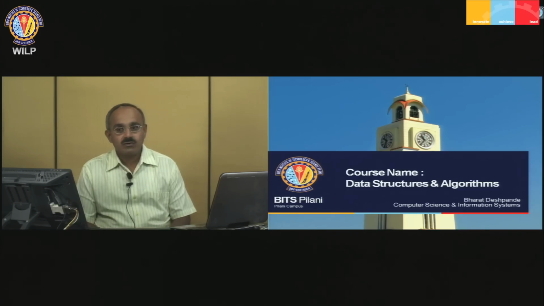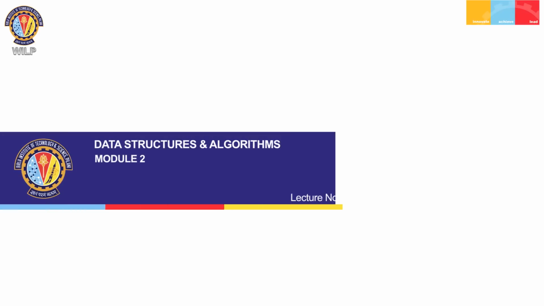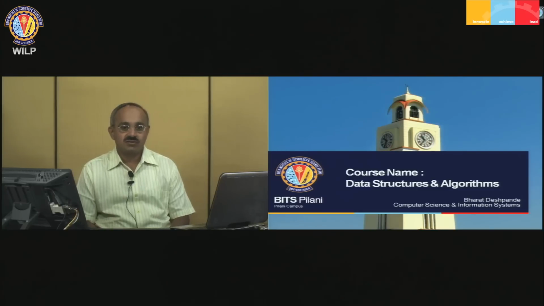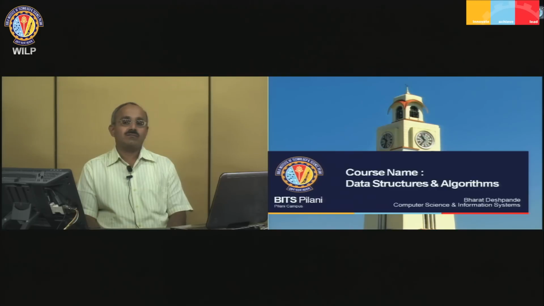Up till now we saw how to do analysis of algorithms which is independent of the implementation details. We also saw how to represent data in machines by looking at a few data structures.